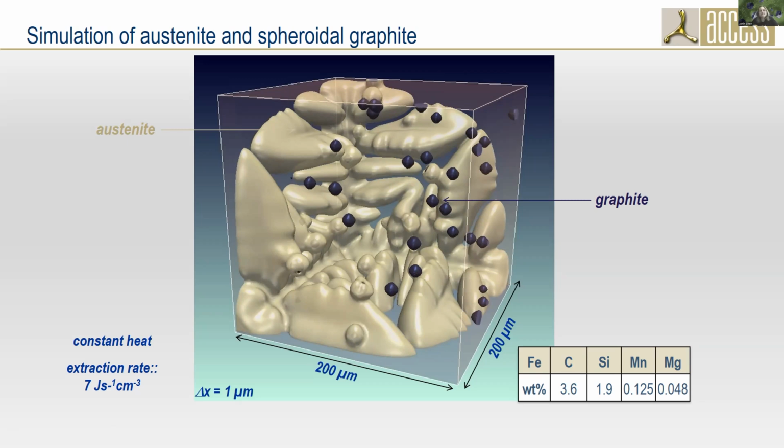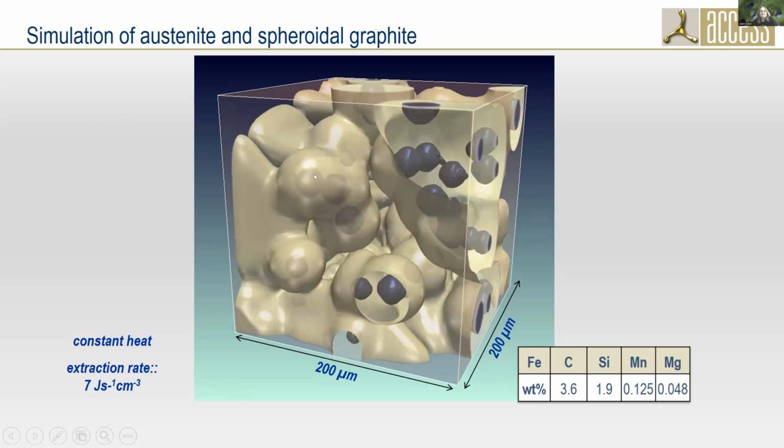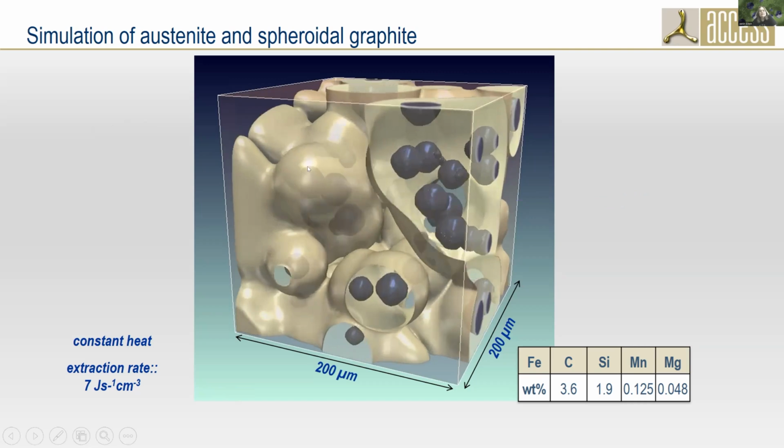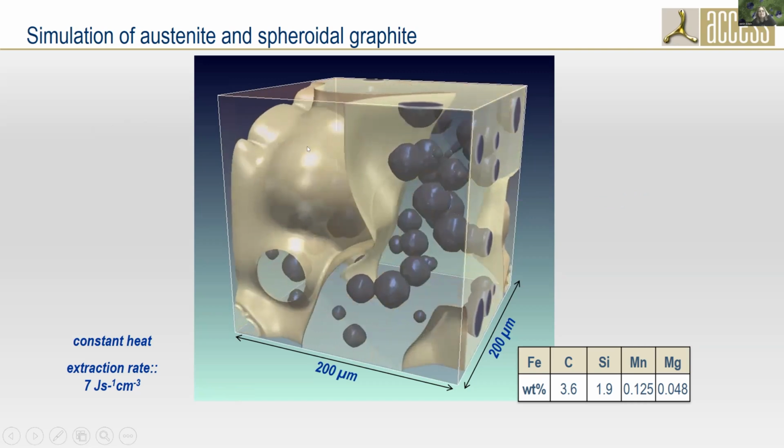They want to go together. Austenite really wants to go in contact with it, and due to the high interstitial diffusion of carbon in austenite, the graphite can continue to grow by solid state diffusion through this austenitic layer.